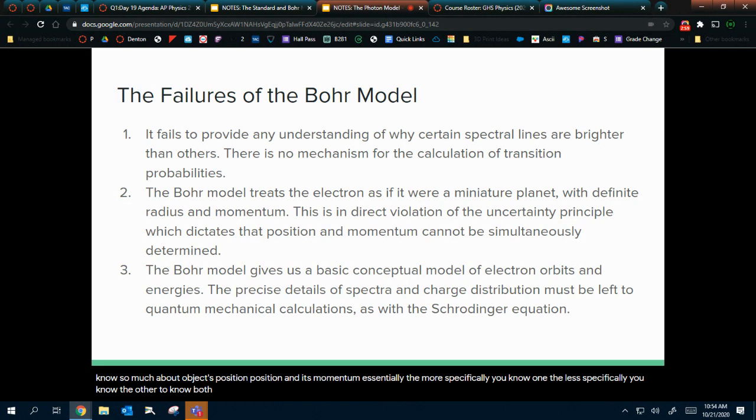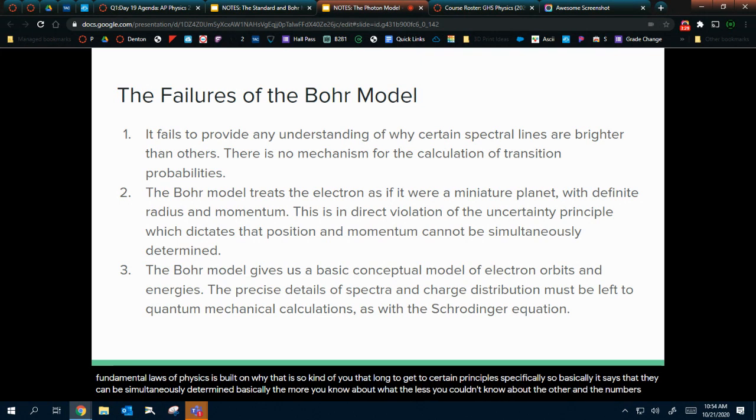To know both of them very specifically violates the uncertainty principle, which is one of the fundamental laws physics is built on. Why that is, we'll get into when we get to the uncertainty principle specifically. So basically, they can't be simultaneously determined. The more you know about one, the less you can know about the other.